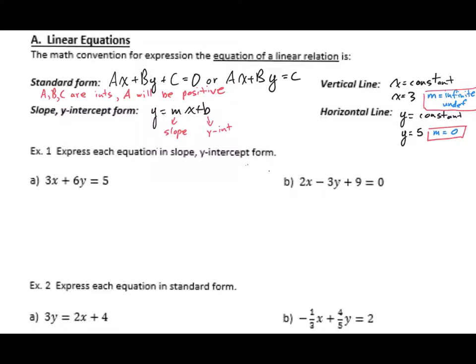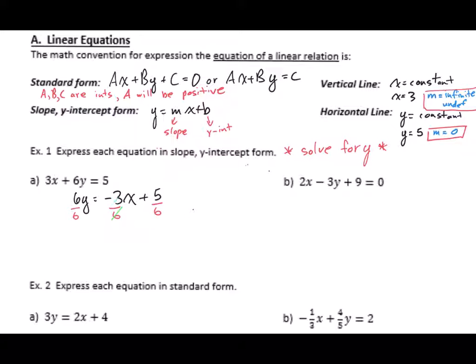Example 1 is asking us to express each equation in y-intercept form, so essentially we're solving for y. For question A, we have 3x + 6y = 5. We're going to isolate 6y. Now that we've got 6y isolated, we need to get rid of the 6, so we'll divide each of the terms in this equation by 6 and simplify if we can.